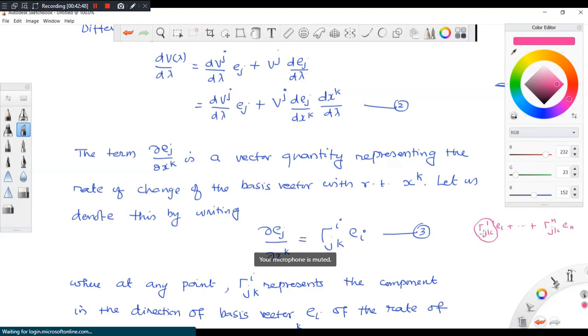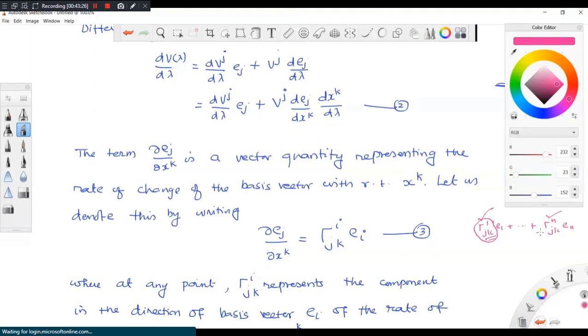This is the component in the direction of the vector E1, and this is the component in the direction of the vector En. Here, you differentiate the vector Ej with respect to xk, and you get another vector. What is its component in the E1 direction? That is given by this. In the En direction? It is given by this, etc.